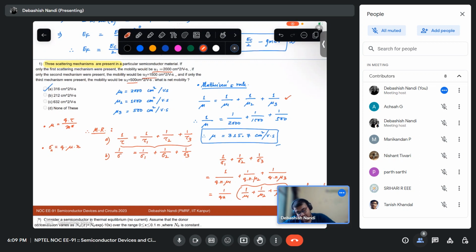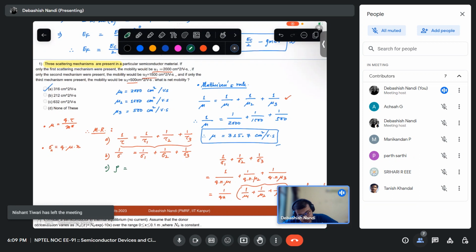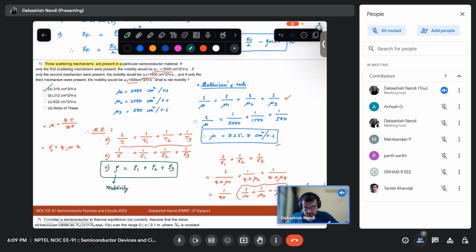Fine. And what is the third form? Rho is rho 1 plus rho 2 plus rho 3, where rho is resistivity. Why so? Simply because rho is nothing but 1 over sigma, right? So if three materials are given and you are told that scattering is there, don't think how, if scattering is given, I can compute resistivity.